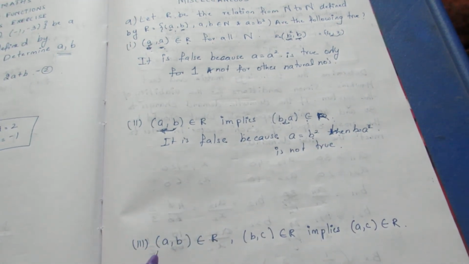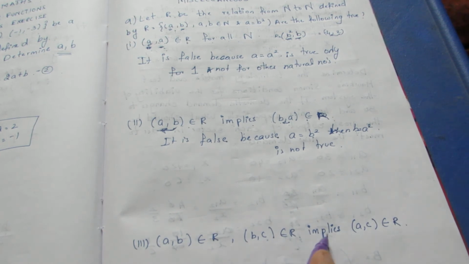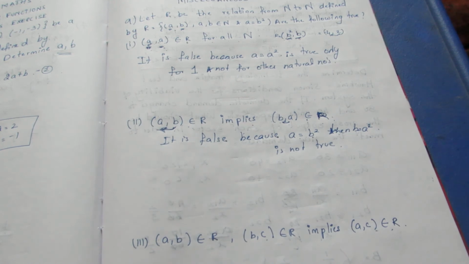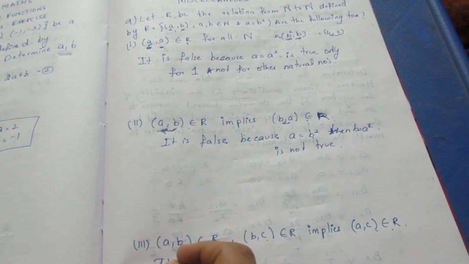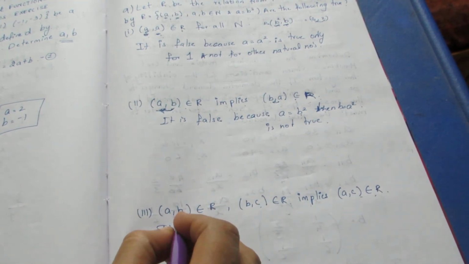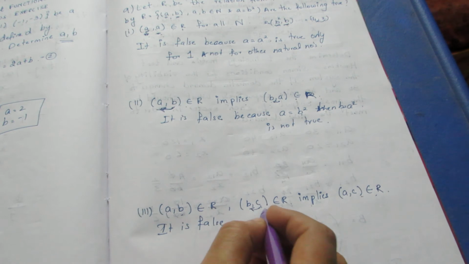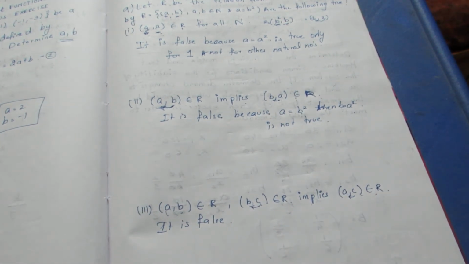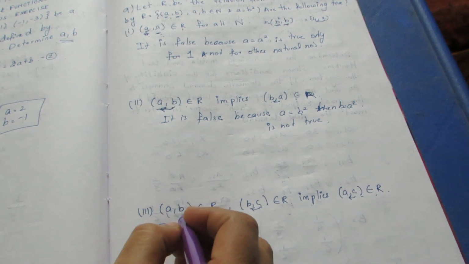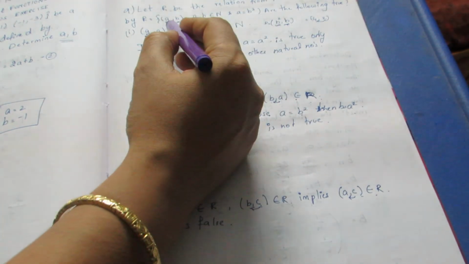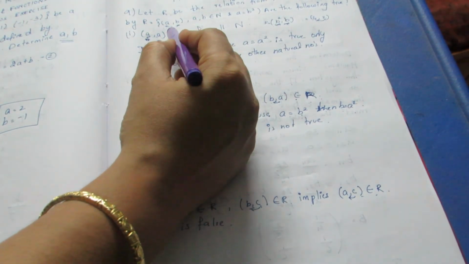The third one says that (a, b) belongs to R and (b, c) belongs to R implies (a, c) belongs to R. Here also it is false, because in the relation they have given, the first one should be the square of the second one.